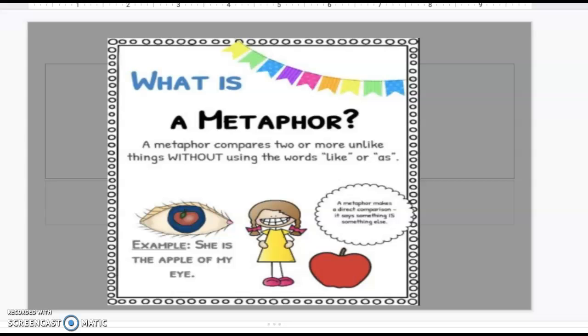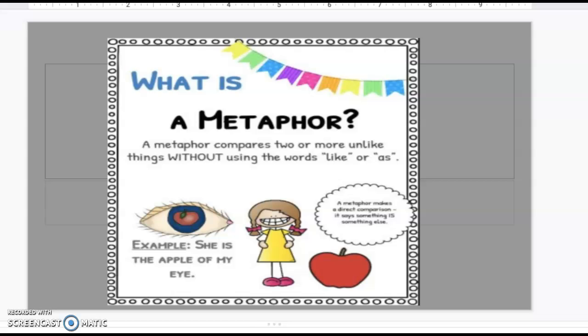If you didn't write this down, remember, jot it down. What is a metaphor? A metaphor compares two or more unlike things without, that's the big one, without using the words like or as. That's how you tell the two. They're both comparing things, but similes have like or as, metaphors do not.